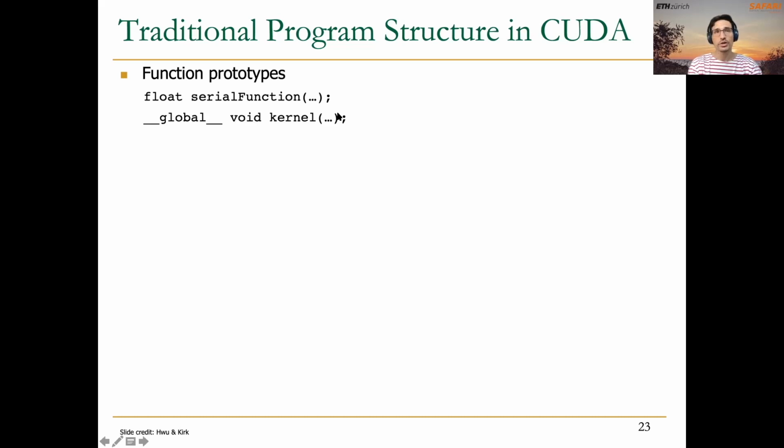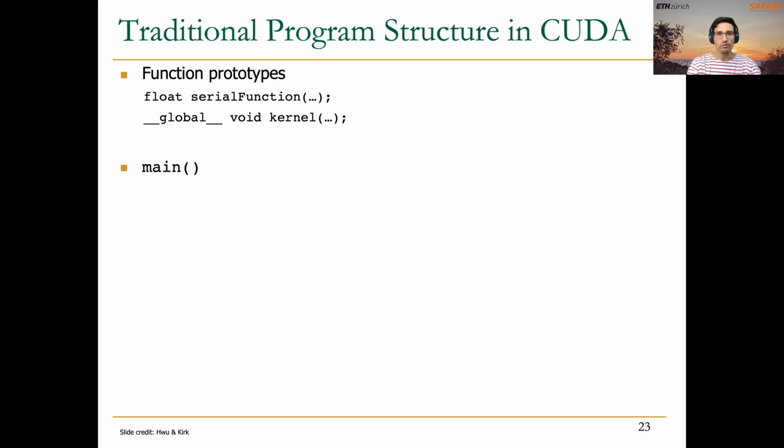When it comes to declaring the kernels, it's a little bit different, because in this case we have to use this global qualifier that will tell the compiler that this function prototype corresponds to a function that executes in the GPU, so a GPU kernel.